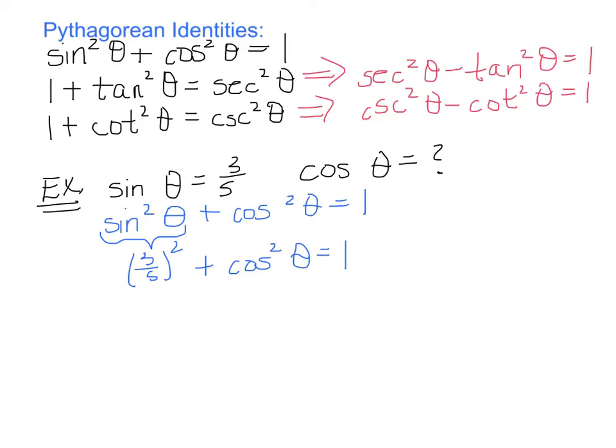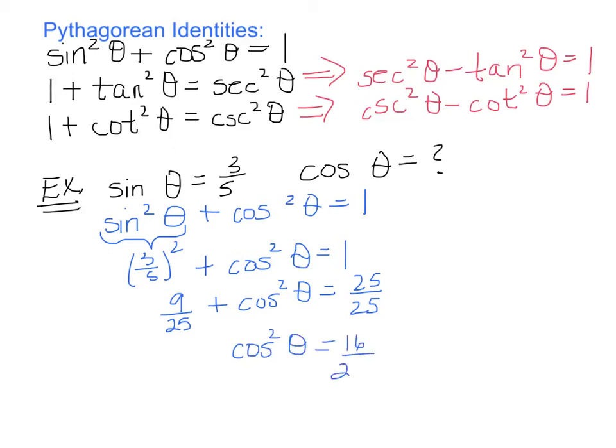So first you would square this, which would be 9 over 25, because you have to square the top and the bottom. And then what I'm going to do is change this 1 to 25 over 25. That way it makes it easier for me to subtract 9 over 25 from both sides. So if I subtract that, that'll give me 16 over 25.